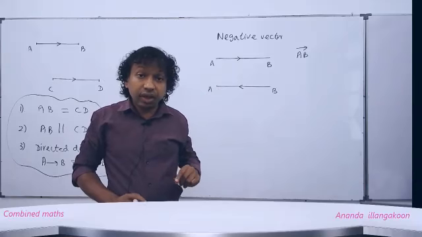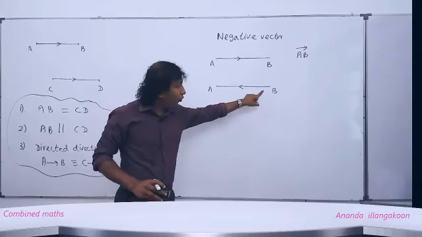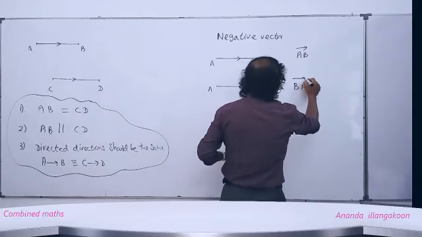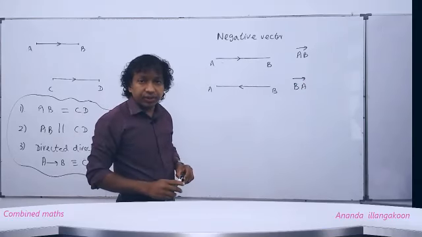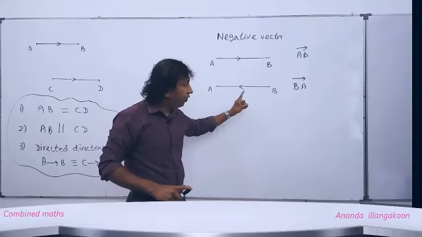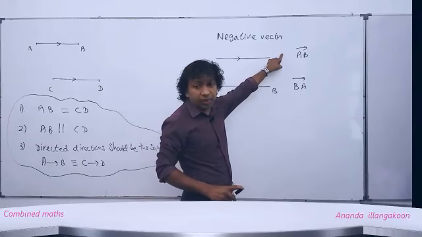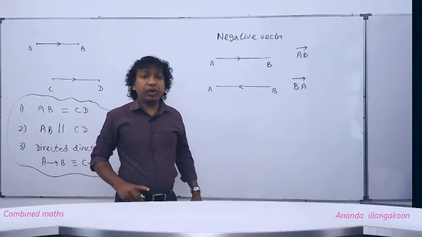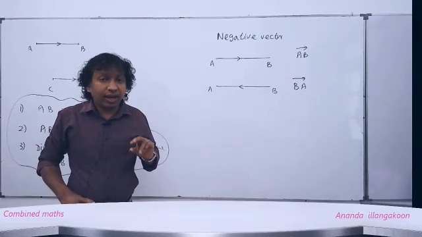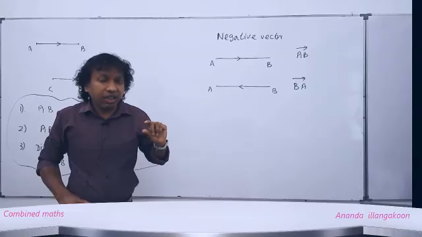Understand? So how do we write this vector? The arrowhead is pointing from B to A. Therefore, this vector is written as BA vector, because it starts from B and ends at A. Then when we consider this AB vector and the BA vector, you can easily see only the direction is opposite. The other two qualities, the length and the parallel nature of the two line segments, are still the same.